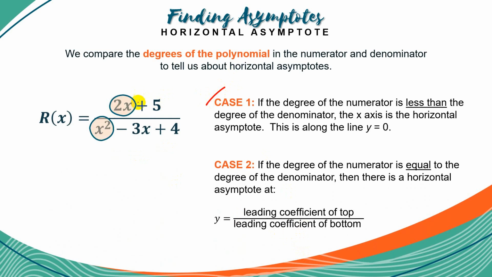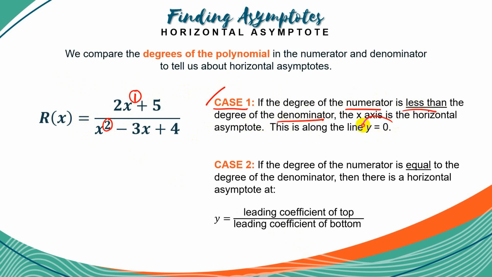For case number 1, when we say degree, these are the highest exponents within the terms. In this case, for the numerator the highest exponent is 1, and for the denominator the highest exponent is 2. So just get the highest exponents and compare whether they are equal or not. If they are not equal, that is case number 1, because the degree of the numerator is less than the degree of the denominator.